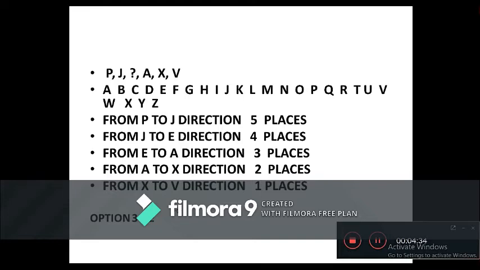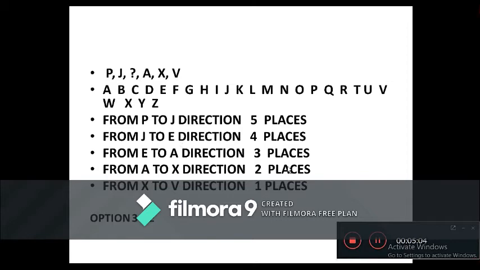We have to analyze the series from P to J. From P to J, there are 6 places. Then we have to analyze from X to A. From A to X is 2 places, and from B to X we got 3 places.